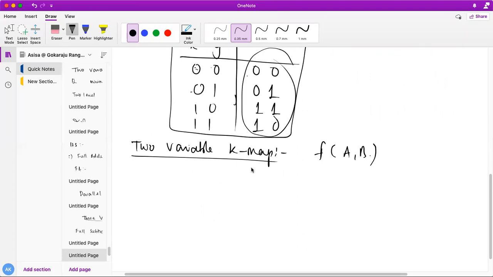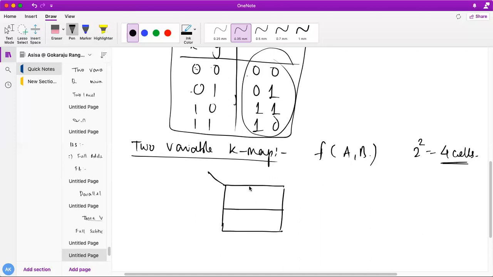That is 2 squared, so 4 cells are possible in the two variable K-map to represent the minterms and maxterms. For SOP that is 1, for POS that is 0. So for two variables, there are 4 cells.